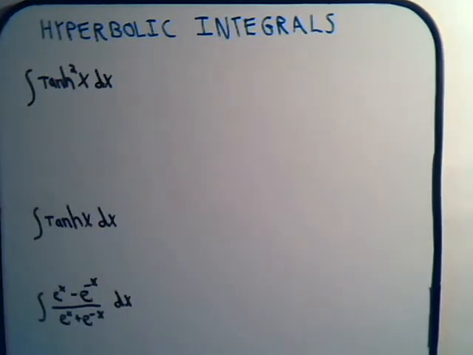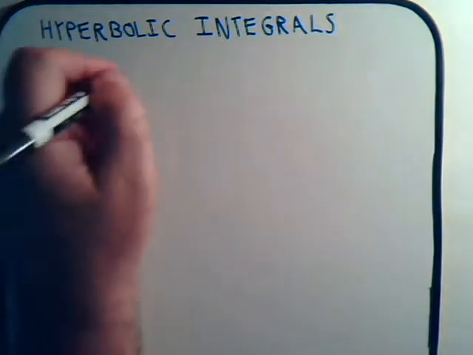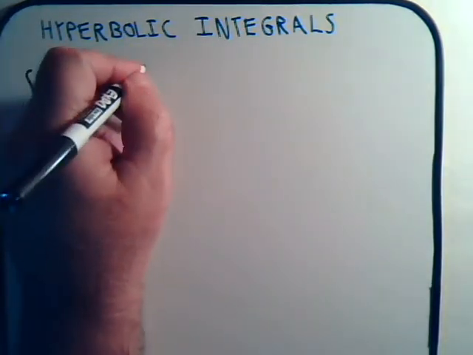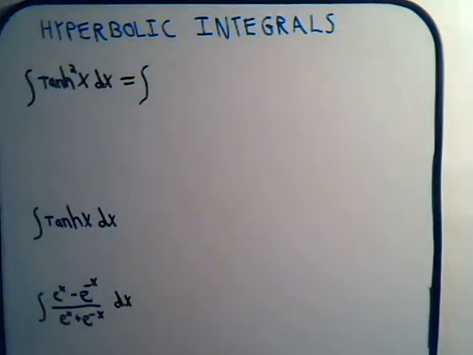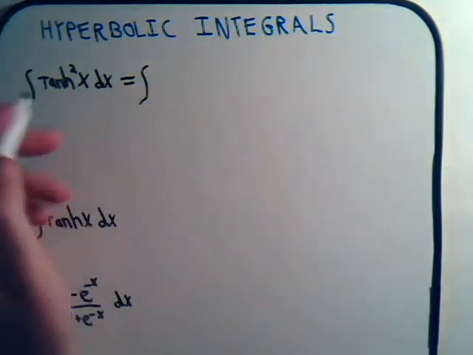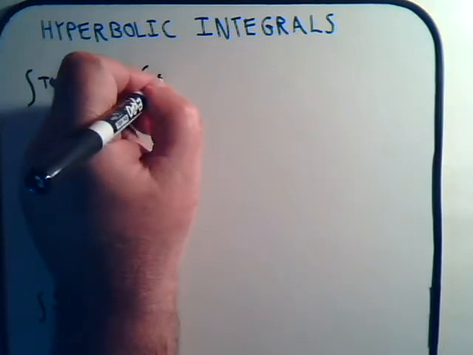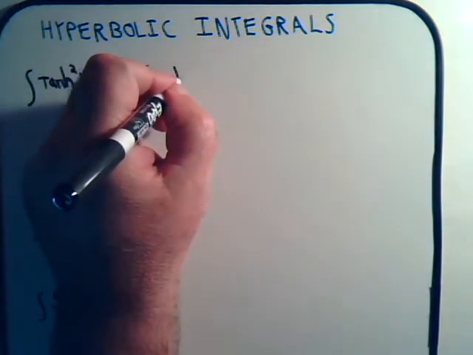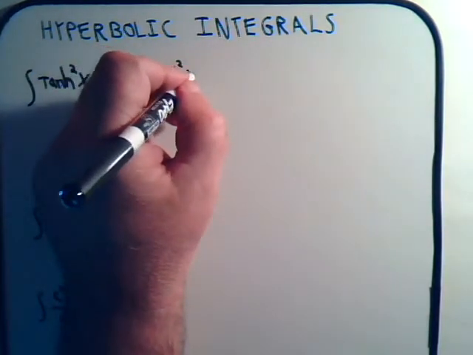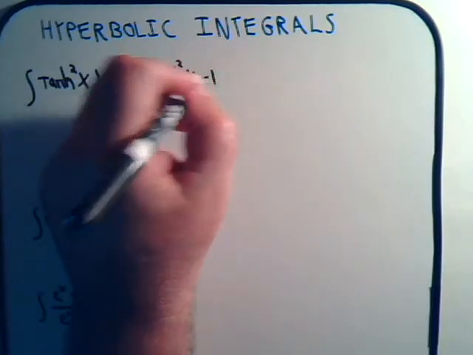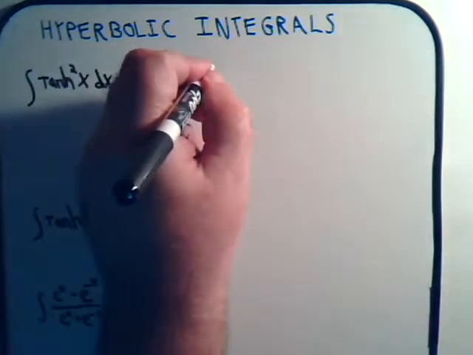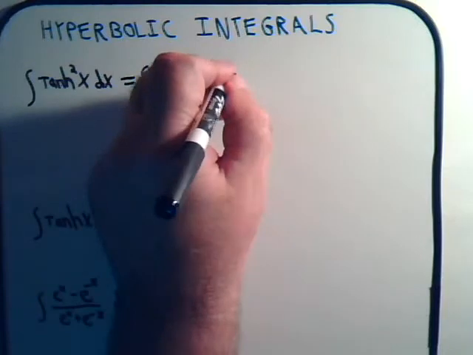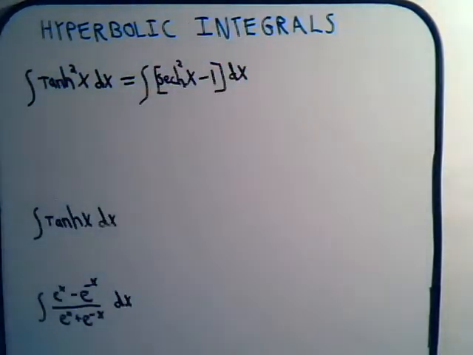And here, if we remember one of our basic formulas for hyperbolic functions, we know that this is the integral of the hyperbolic secant squared of x minus 1 dx.